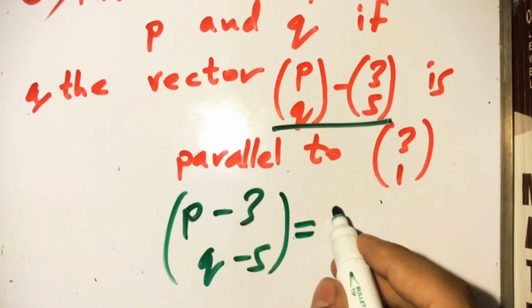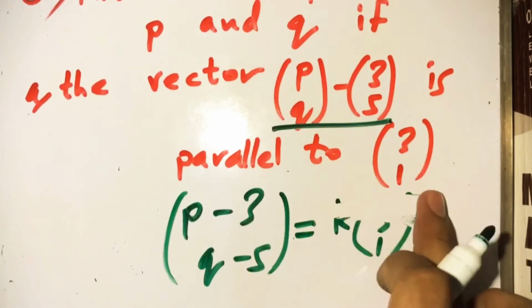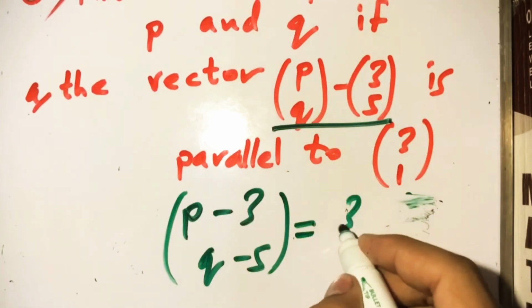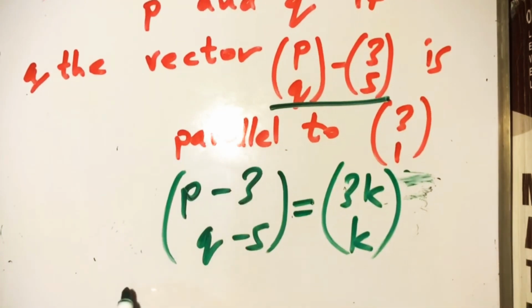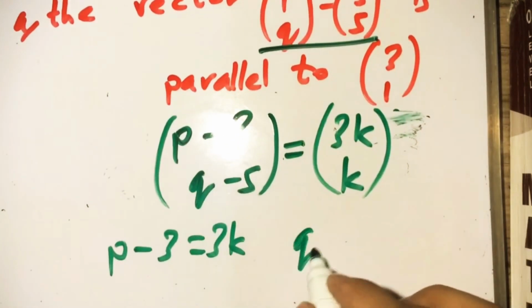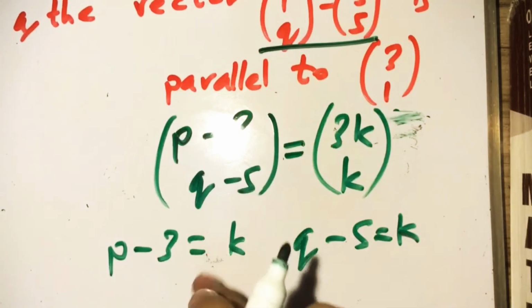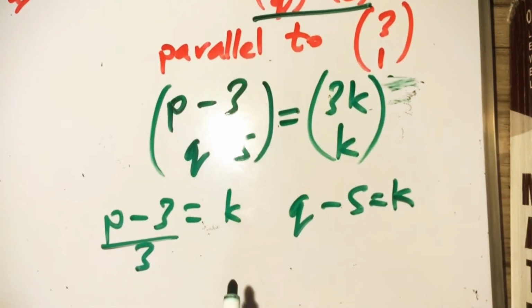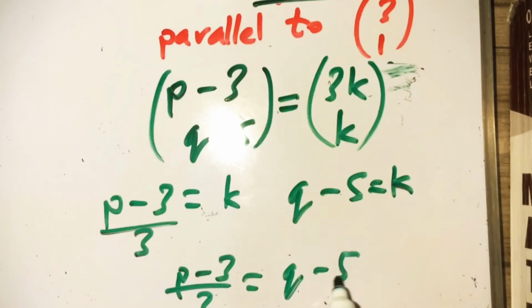So we'll equate this with K times (3, 1), or this can be written as 3K and K. Now P minus 3 equals 3K and Q minus 5 equals K. So over here K equals (P minus 3) upon 3. Now if K is equal to K, so (P minus 3) upon 3 is equal to Q minus 5.